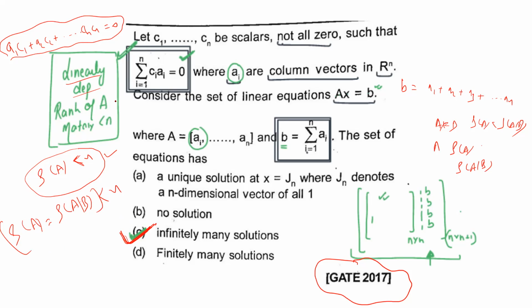Here the rank of A is less than n is proved, but the rank of AB seems to come out greater. I think there is some problem here. We will see later.